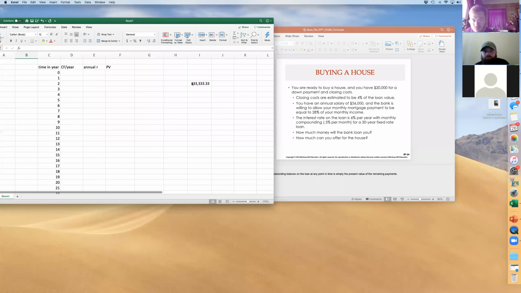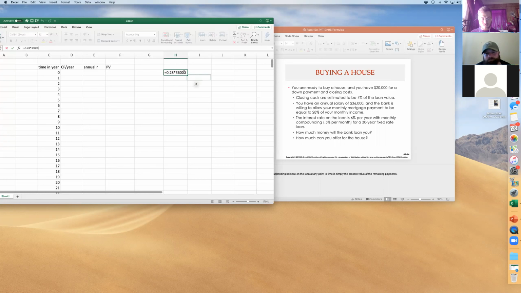Now we've got 20 grand though to put down. Let's talk about how much the bank is willing to set your payment at. The bank said that they are willing to let you pay 28% of your gross salary. So that's 28% of 36,000. I need some commas to see everything. All right, so that is $36,000 per year.